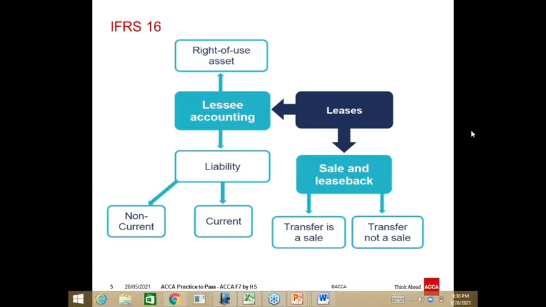IFRS 16 treats a short-term lease as a lease taken under short-term if it is related to land and building.